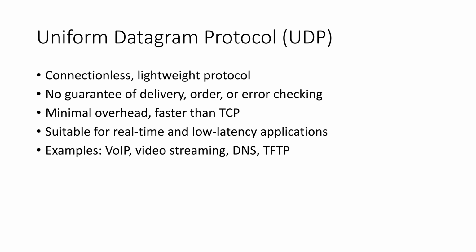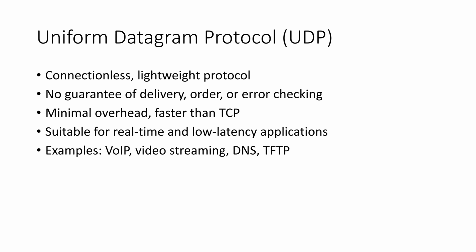For example, DNS queries use UDP because the data exchange is small and usually one way. TFTP also, a simple version of FTP, relies on UDP for lightweight transfers. So while UDP sacrifices reliability for speed, it's the perfect choice for specific applications that can tolerate a few losses in packets.